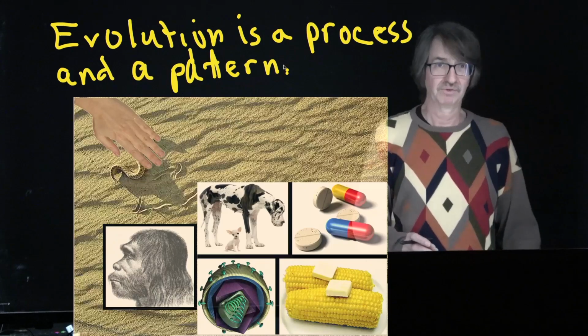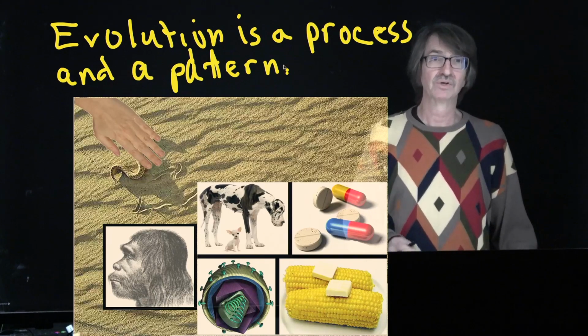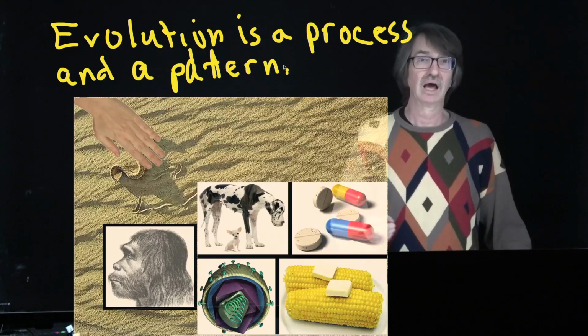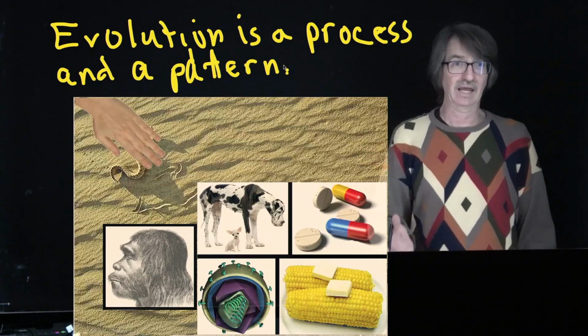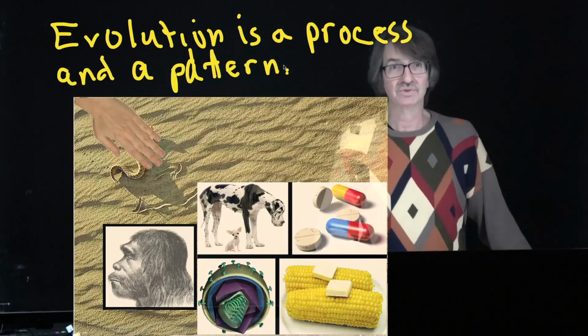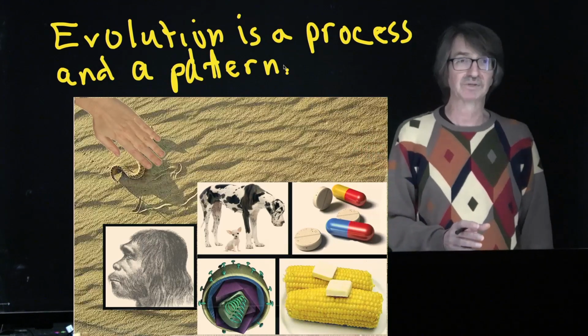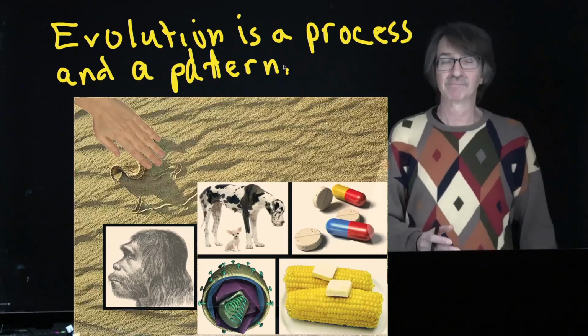Almost all the food we eat is the product of evolutionary change through centuries of breeding plants and animals on farms. Each winter, we face new strains of the flu virus because viruses rapidly evolve.